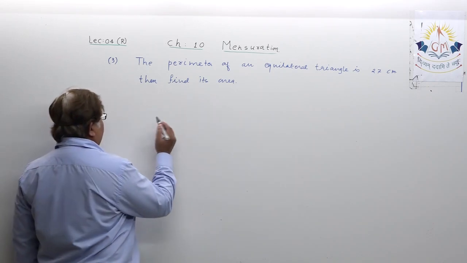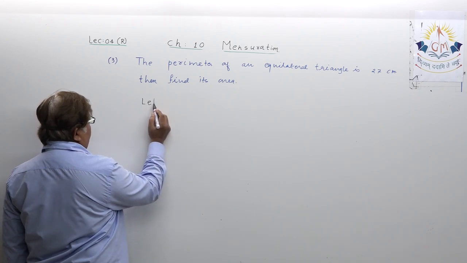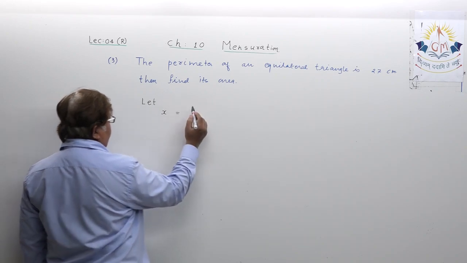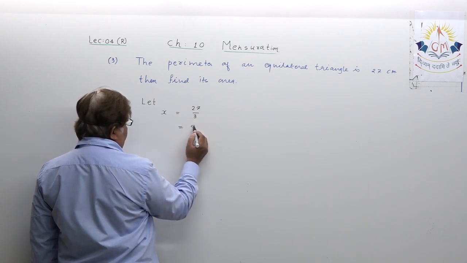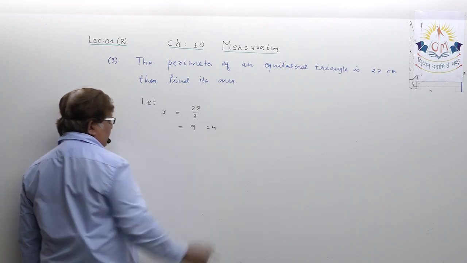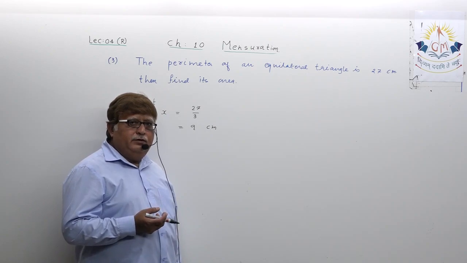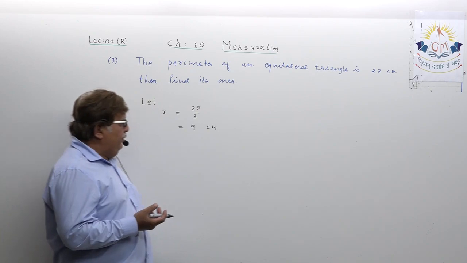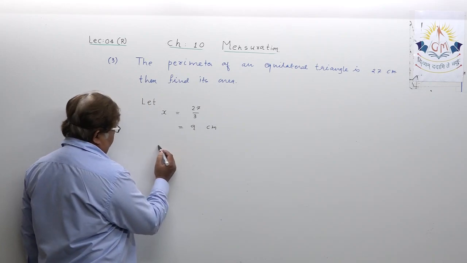So can I do it this way? Let x be the length of the side. Can I divide it by 3? Is it clear in your mind? This is okay, 9 centimeter, easy, because all sides in an equilateral triangle are equal, so obviously perimeter given is 27. Let us divide by 3, and now let us go for the area, dear student.